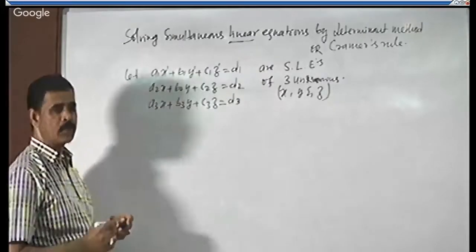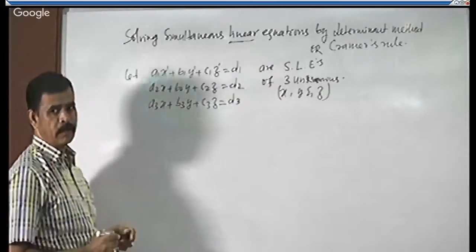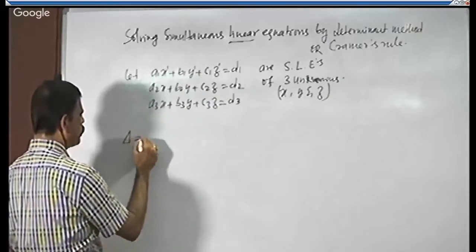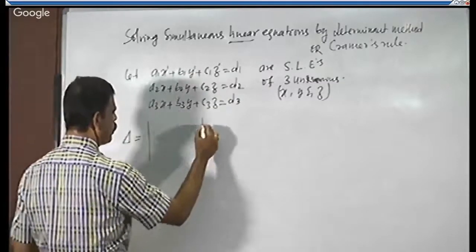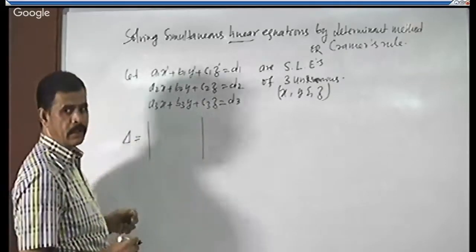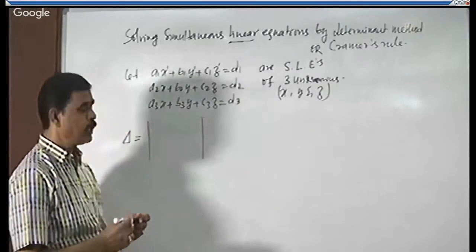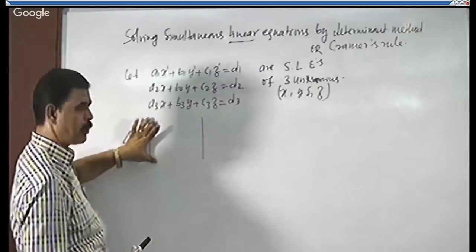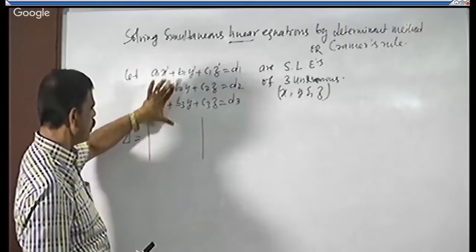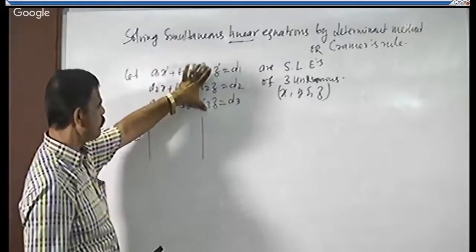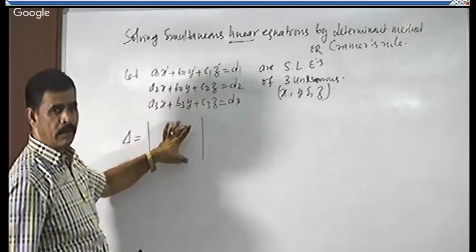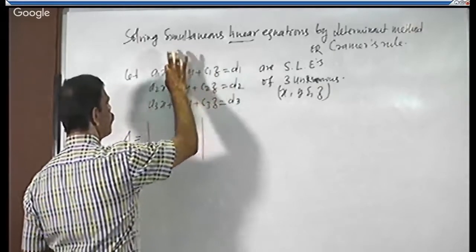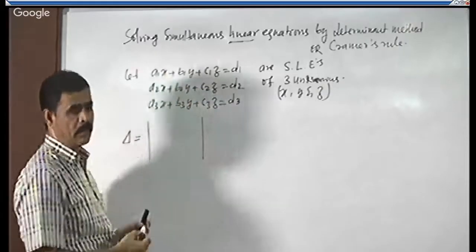These equations should be taken in the form of determinant. We write determinant delta. Delta is a determinant which is obtained by taking x coefficients at first column, y coefficients at second column, z coefficients at third column. It will be called the coefficients determinant.